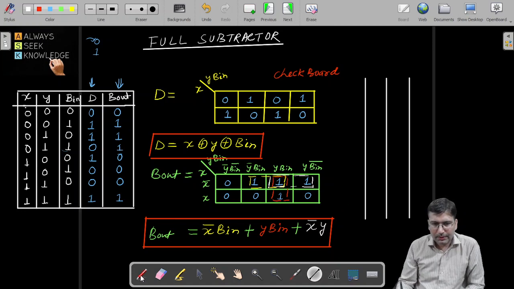Now if we want to take the complement, we can have complement here, like this. If we want the complement of it, we can take it like this. Now we do not require the B in complement because in the expression we don't have any complement, right?